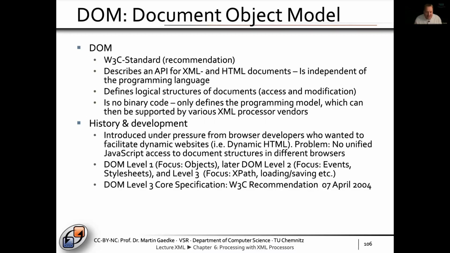And the idea is that if you implement this specification as part of your Java programming language or as part of your C# programming language, then you have to implement the data structures and the functions, procedures, or methods and their signatures exactly in the way that the W3C standard is recommending it.